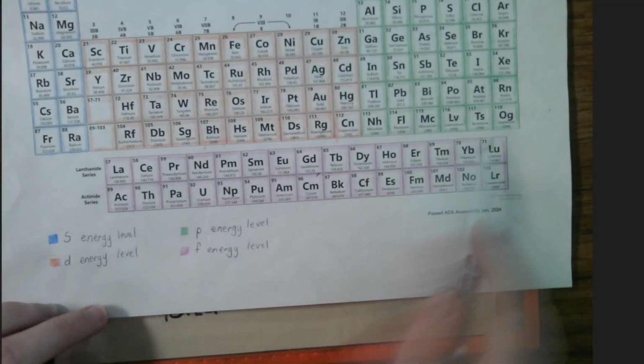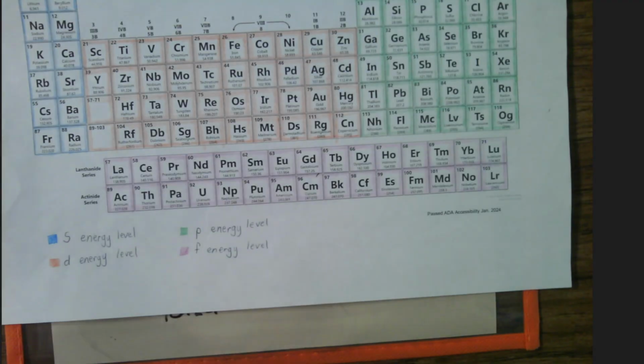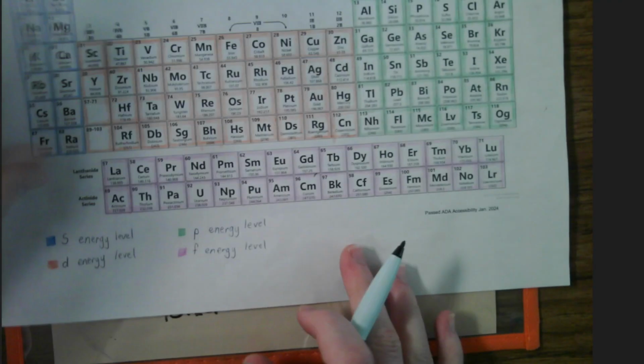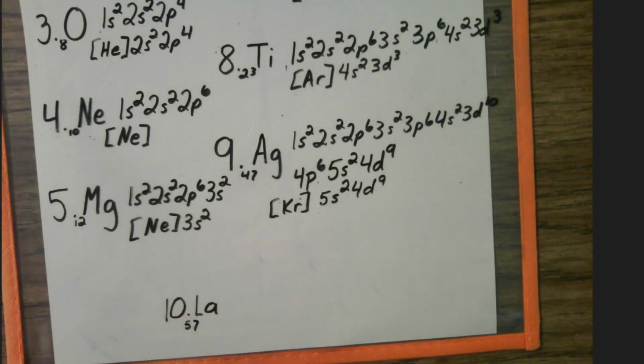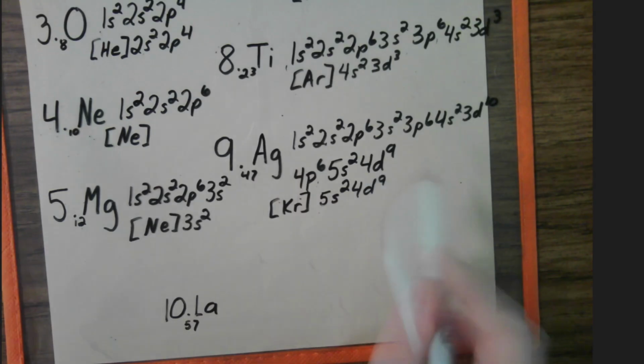This is lanthanum. This one has 57 electrons, so I'm going to remind myself by adding a little 57 there. And then we're going to do like we did with the other ones.